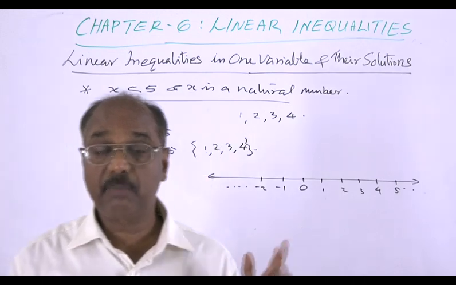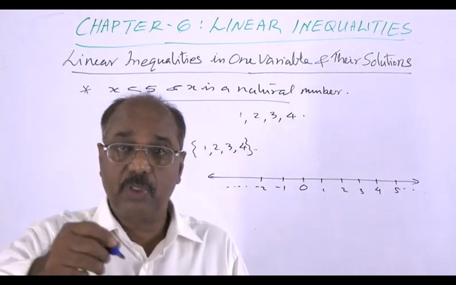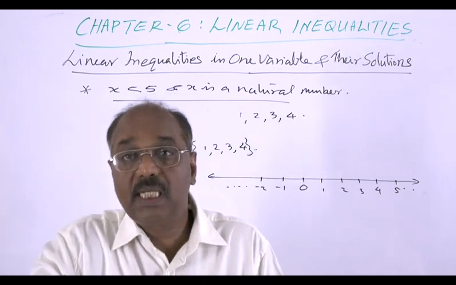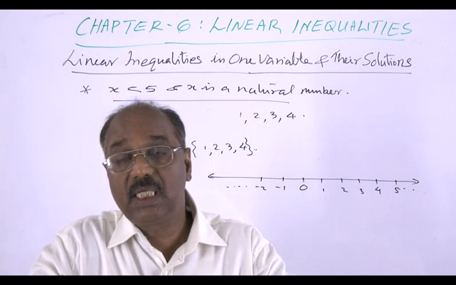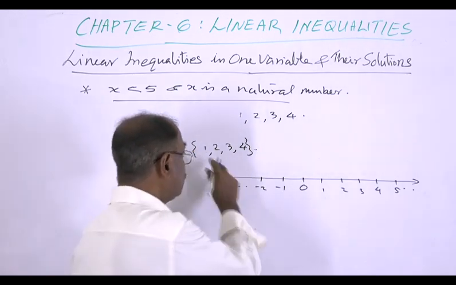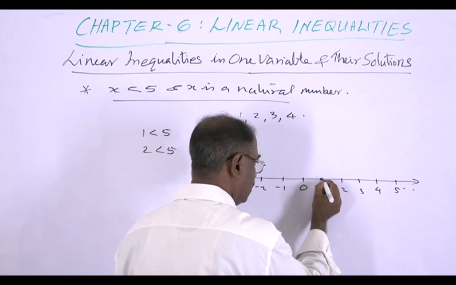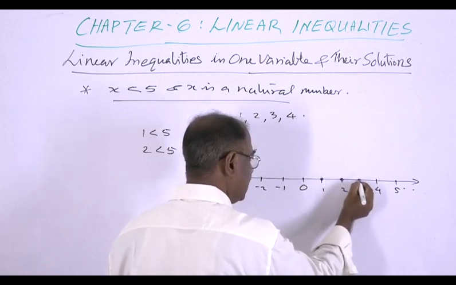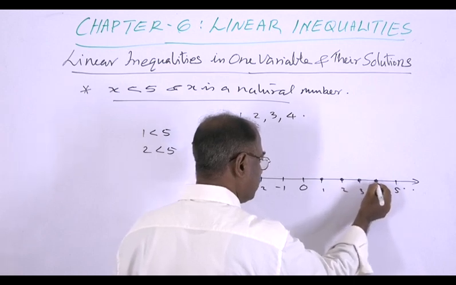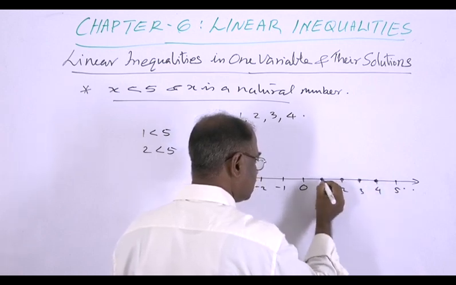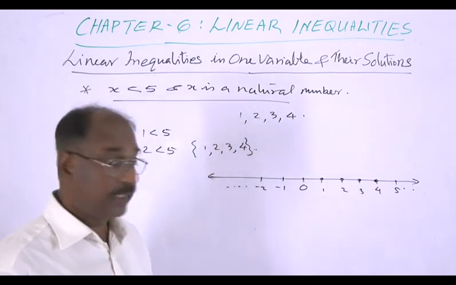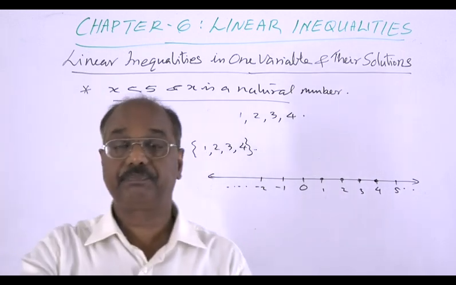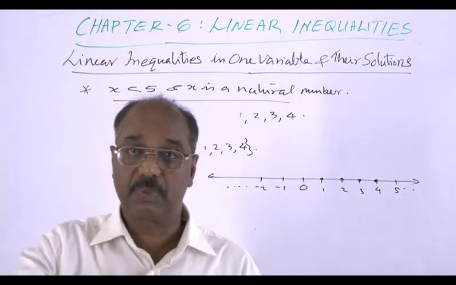Then mark the solutions with a bold dot on the corresponding points: 1, 2, 3 and 4. These four points constitute the solutions. This is the graphical representation.